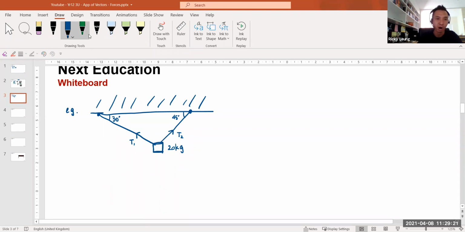The question would generally be: find T1 and T2 to 1 decimal place, just like before. Once again, let's assume gravity of 9.8. What's missing from this diagram is the gravitational pull of mg going downwards. So that's 20 times 9.8. I'll label that in my diagram.